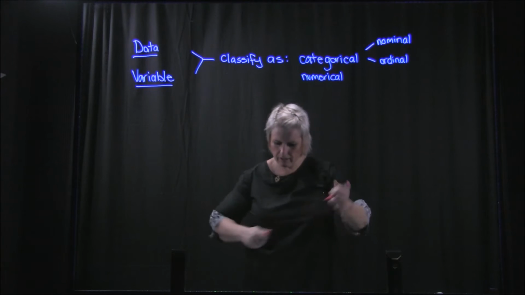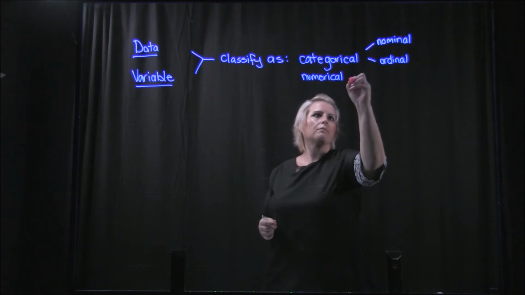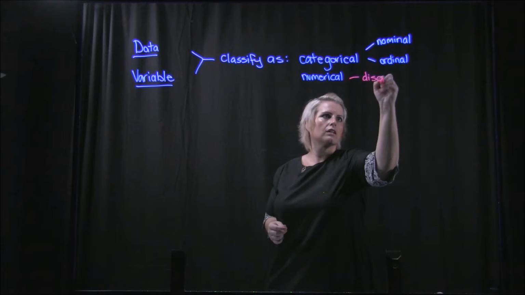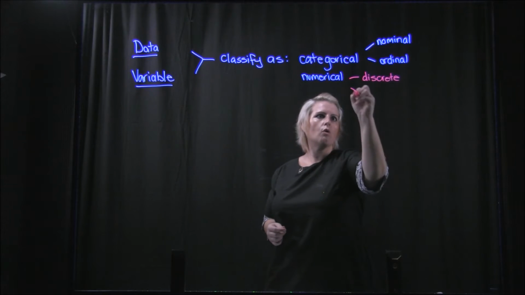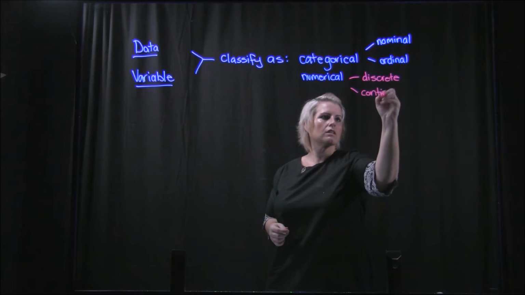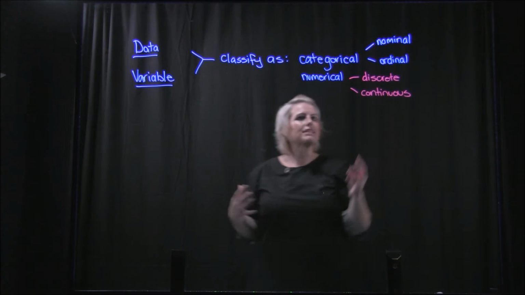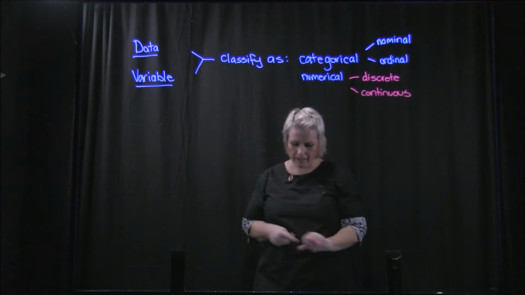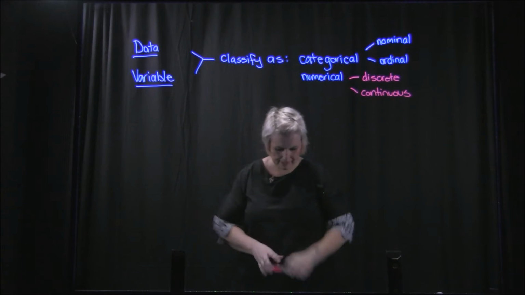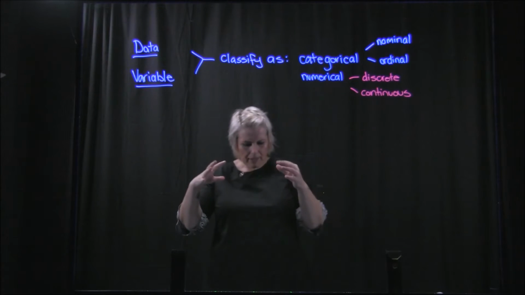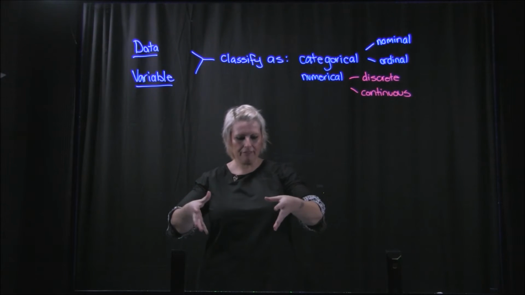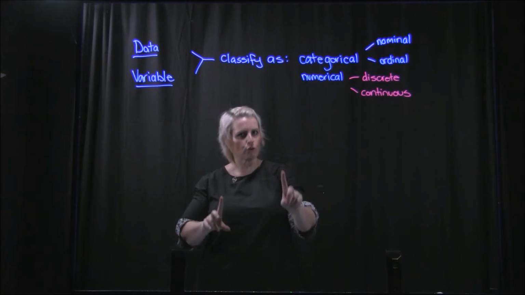Then we have our numerical data, which can be discrete or continuous. So basically, discrete data are ones that are whole numbers, basically. They can only take a particular value. It's usually a whole number, but not always.